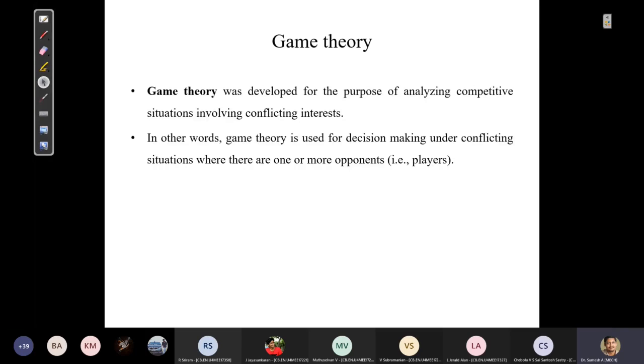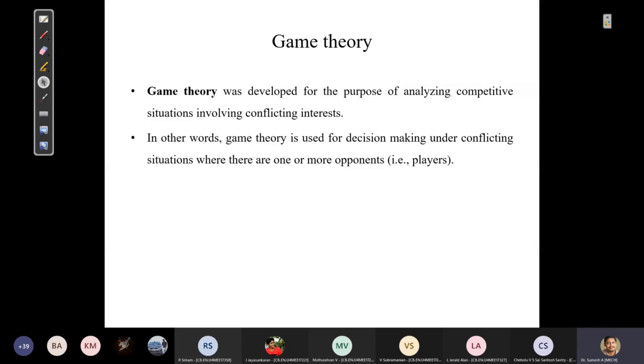For opponents, we normally say players. Based on your opponent player, what strategy he is following, how to change your strategy so that you get the advantage or whether your opponent will have the advantage, that is what you are discussing with the help of this technique called game theory.